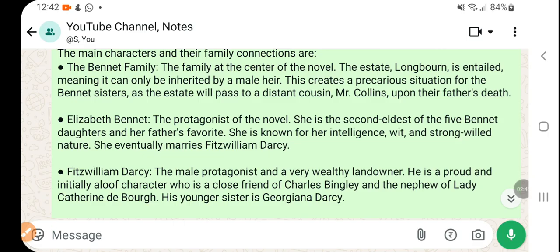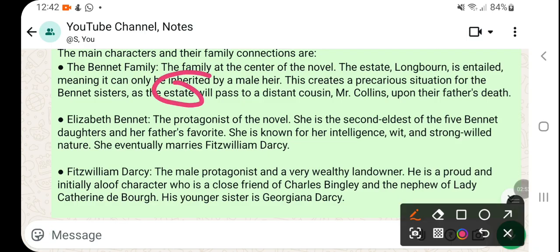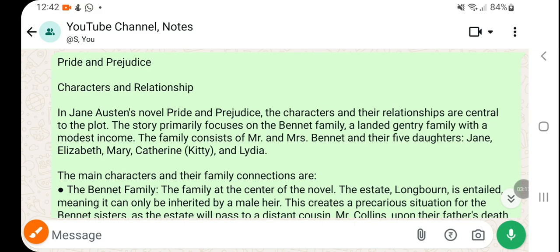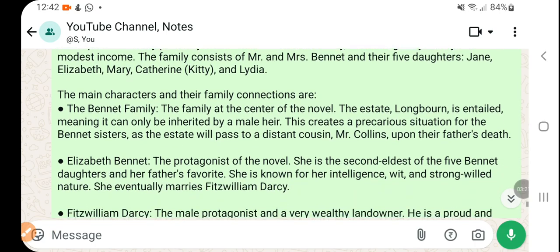So the problem is that the estate will be passed to the distant cousin Mr. Collins. So Mr. Collins is the distant cousin of the Bennet sisters. Because there is no male child in the Bennet family, the property will be inherited by Mr. Collins after Mr. Bennet's death. This is decided.